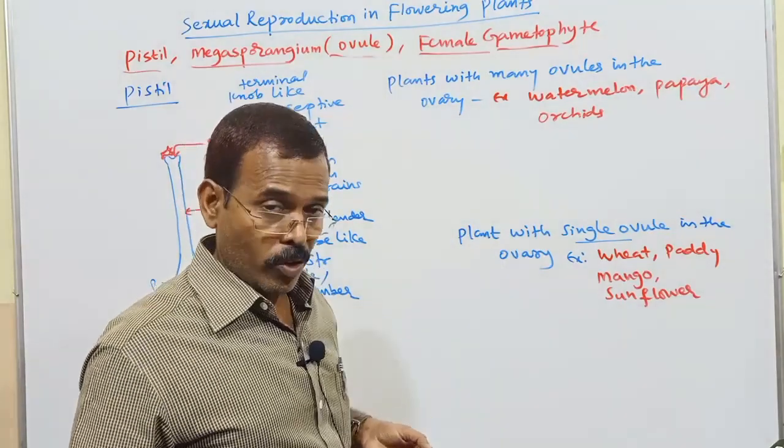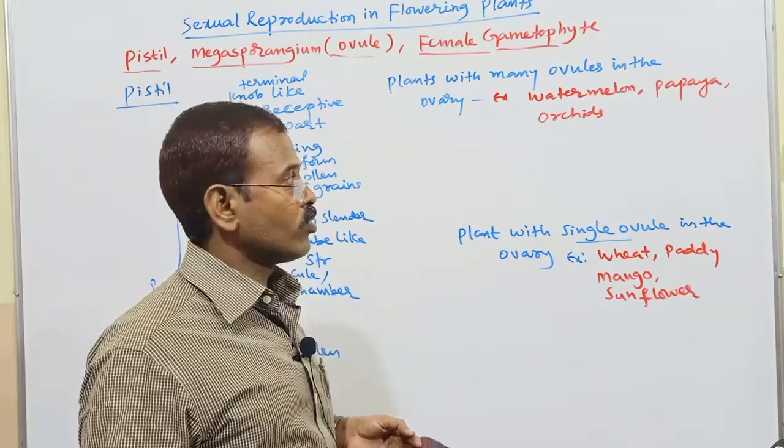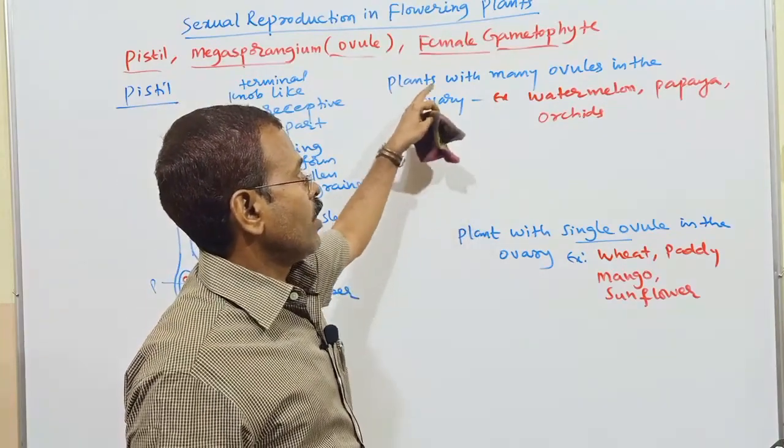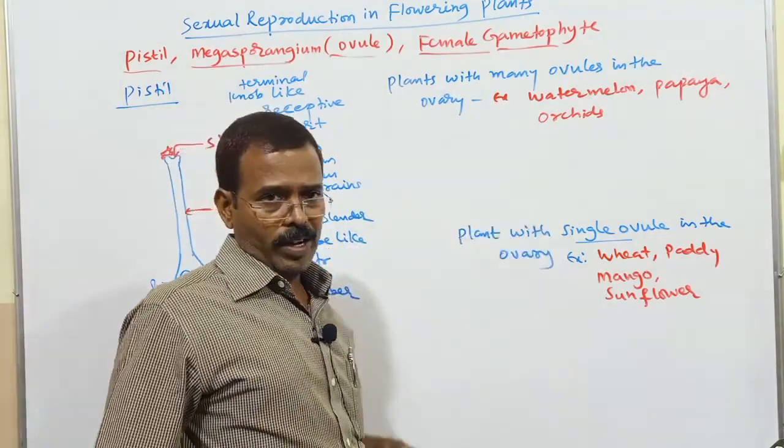Take tomato, take brinjal, many seeds will be there in them. So these are the plants with many ovules in the ovary: watermelon, papaya, orchids, right?